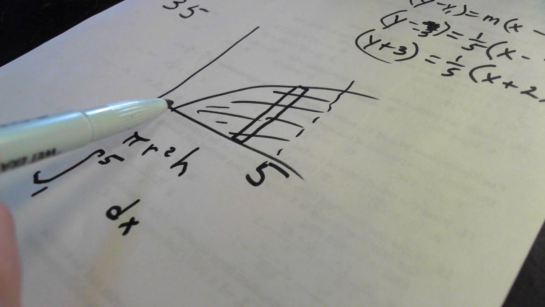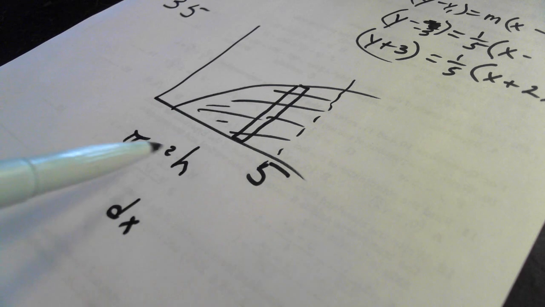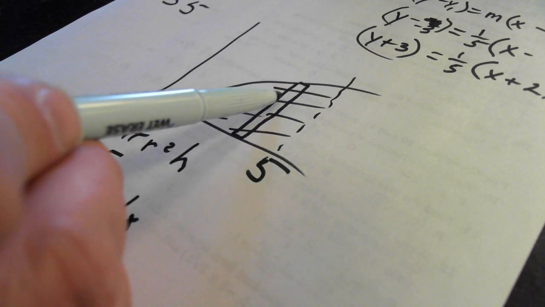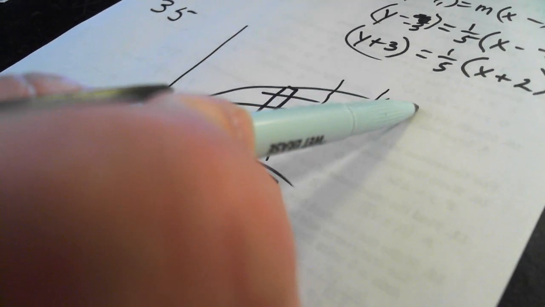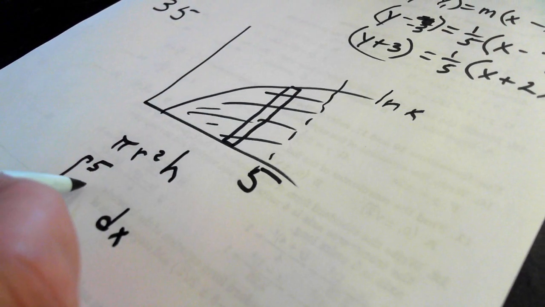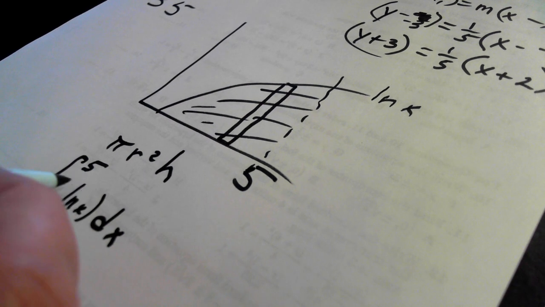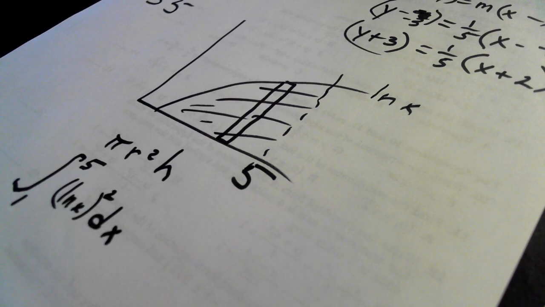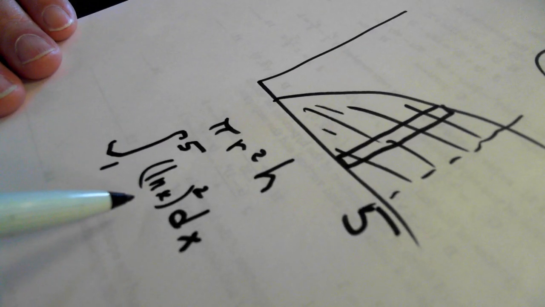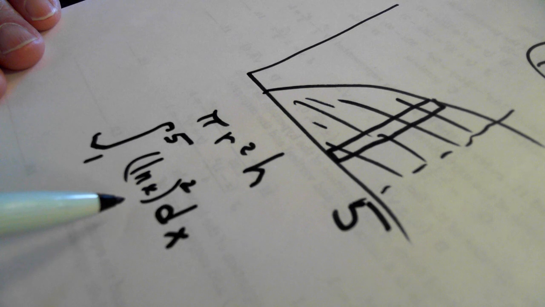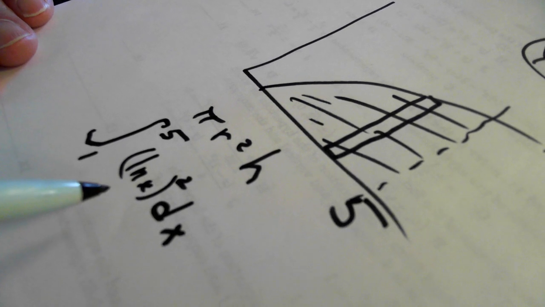And right here, the radius of every slice will be the y, which is this ln of x. Don't forget to square it. So I'm thinking of an answer that looks something like this. All you have to do is punch that into your calculator, hopefully.